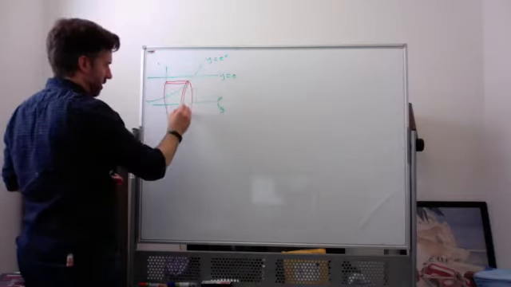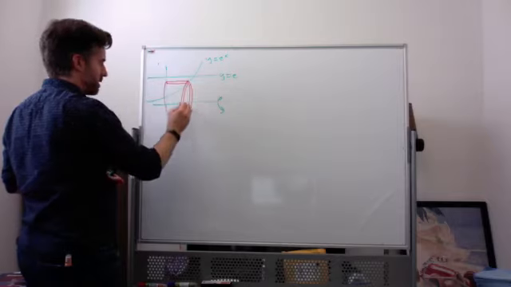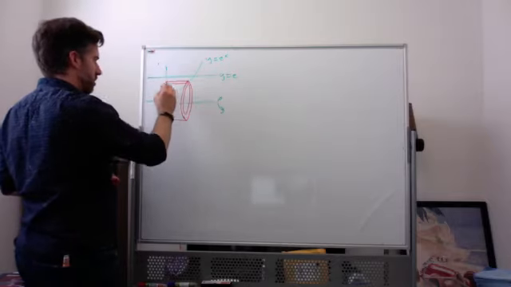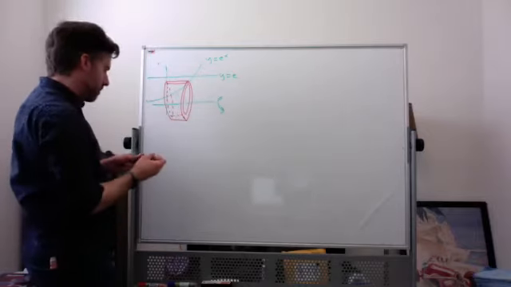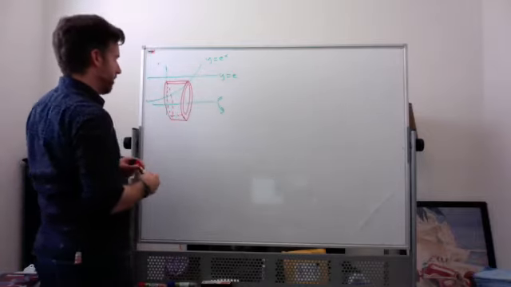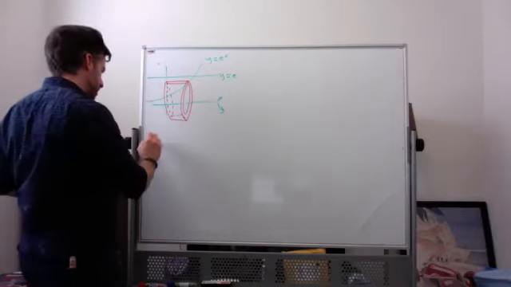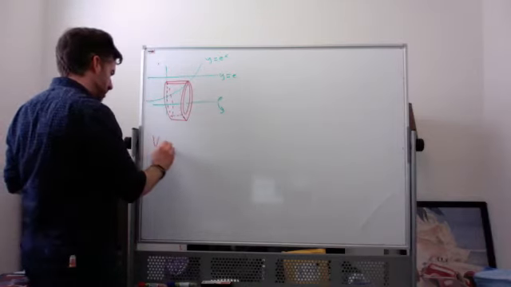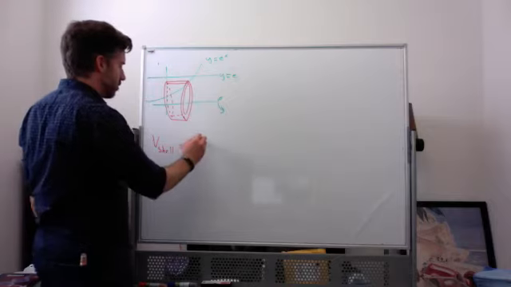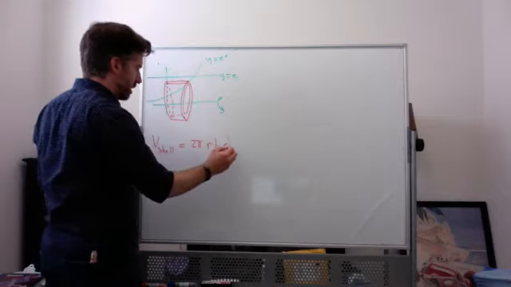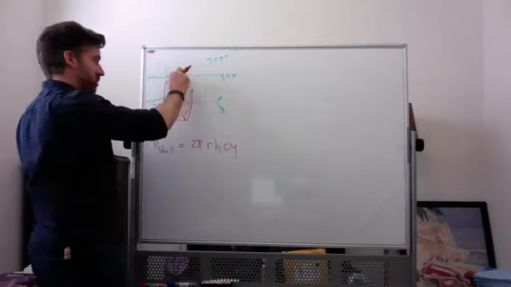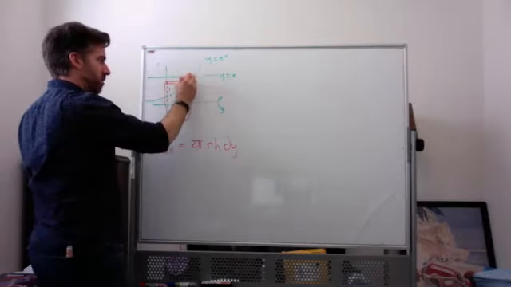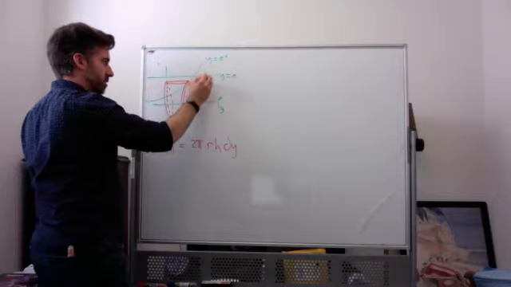I'm thinking of getting a cylindrical shell shape, like that. And so my job is to figure out what's the volume of my shell. And the volume of my shell is always just 2 pi r h d dy in this case, because my strip is horizontal, and that horizontal thickness is a small change in y.